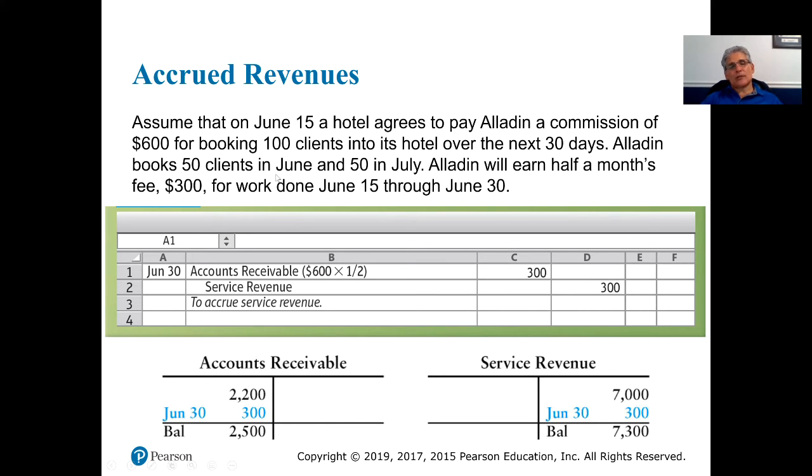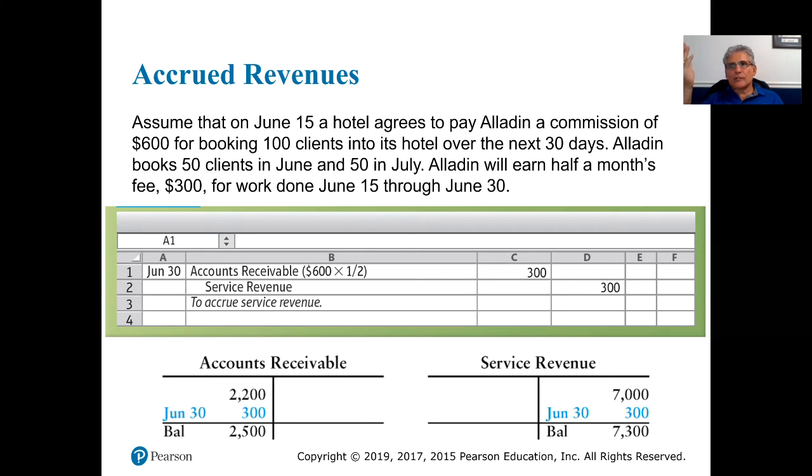Well, we look and say, okay, as of June 30th, we've booked 50 clients. So we've actually earned some of that. We haven't been paid for any of it, but we've earned half of it because we've got a contract that says we need to book 100 clients. We've earned half of that because we booked 50 clients by June 30th.